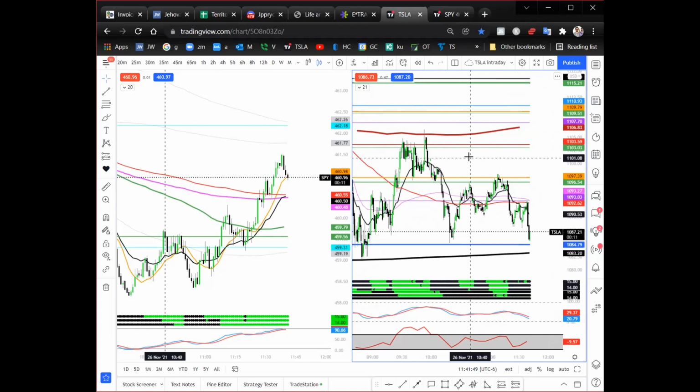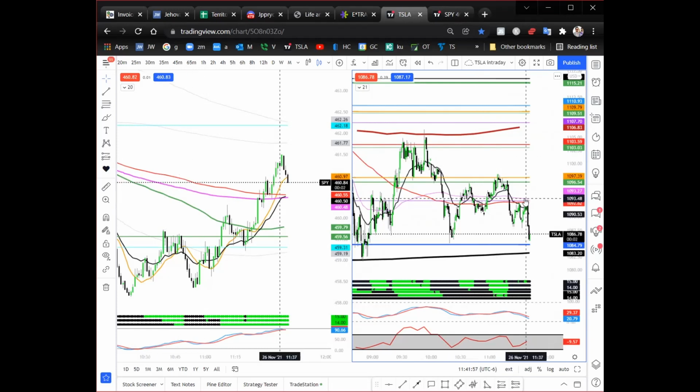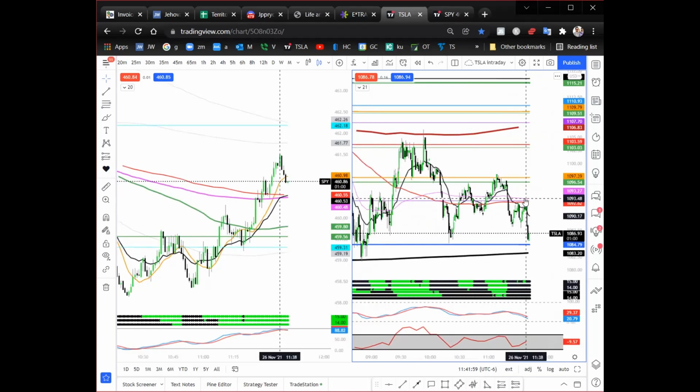So again, that's the Precision Indicator course 2.0. Honestly, this will be the last one that I ever make, because it's going to have everything that you need.